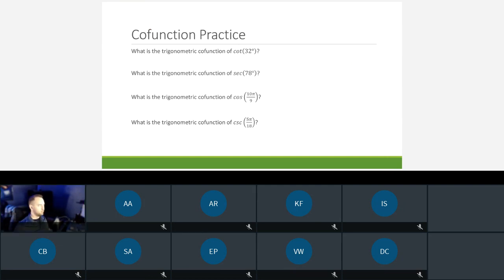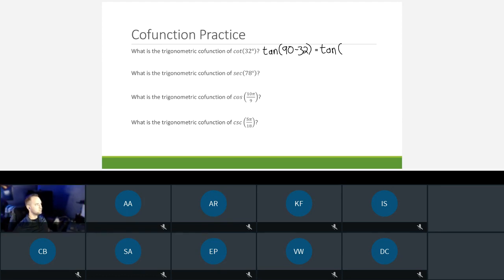So that is tangent of 90 minus 32, which equals tangent of, what is 90 minus 32 again? Somebody said it, like 50 something. 58?